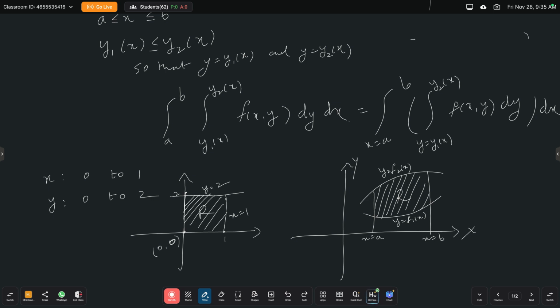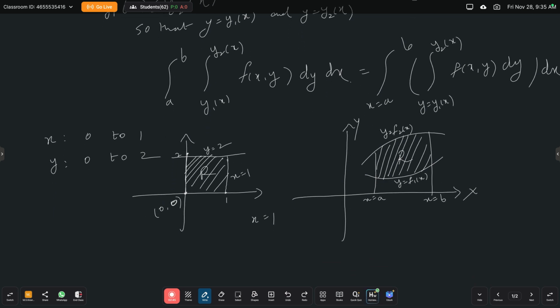If both are constant limits, we get a rectangle or square or any other shape. But if it is a curve, we get the region depending on the curve equation. For example, x is equal to 1 is a straight line, we know that. Then x is equal to y is a straight line passing through the origin.